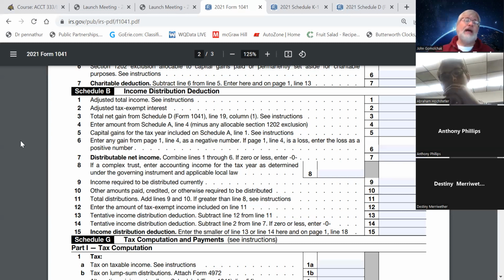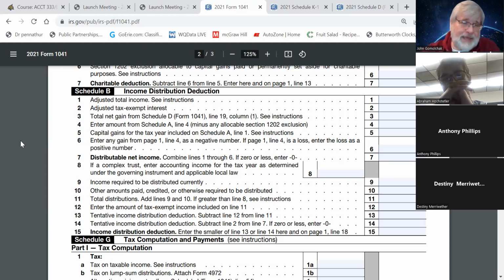Okay, so line 1 is all of the taxable income that we saw on the first page. Line 2, we now have to disclose the tax exempt interest that we had. And what's going to happen, we're going to end up adding those numbers together. So if we had $10,000 worth of taxable income on line 17, and then we end up with $1,000 worth of non-taxable interest, we're going to end up having $11,000 worth of income that we have to worry about distributing.